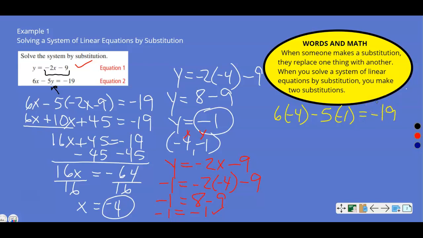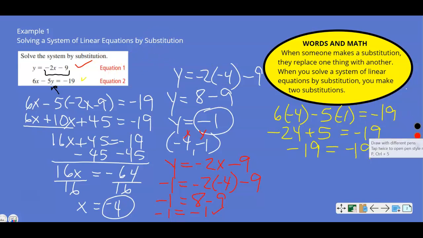So we've got 6 times negative 4, that's negative 24. And then negative 5 times negative 1 is plus 5. And does negative 24 plus 5 equal negative 19? It does. So negative 19 equals negative 19. That works as well. So what we know is that the solution negative 4, negative 1 works for both equations.